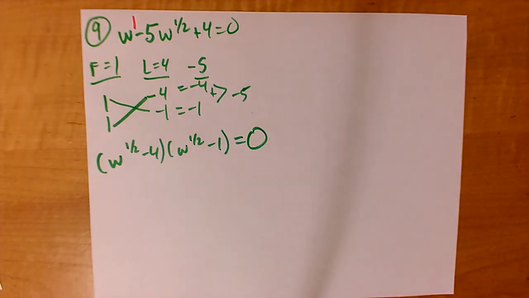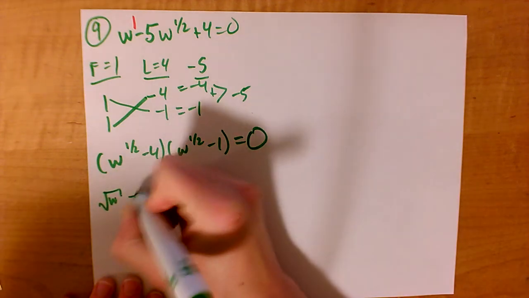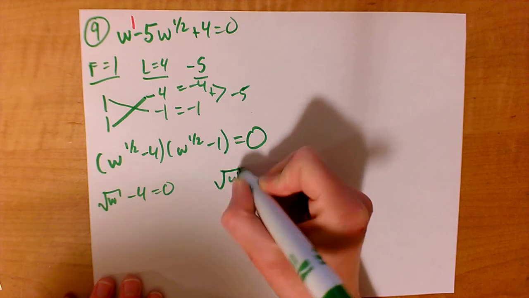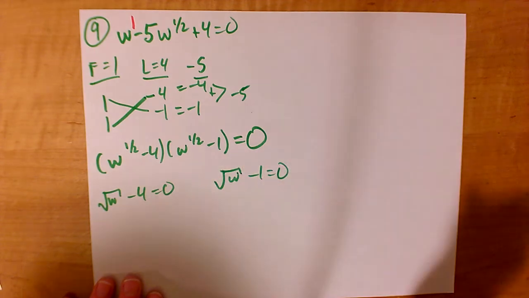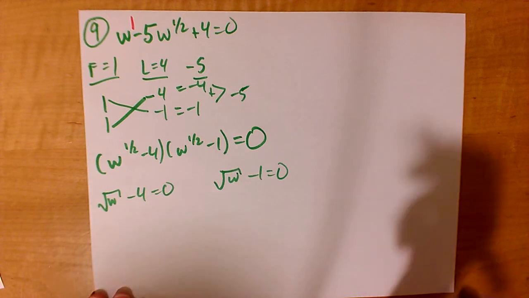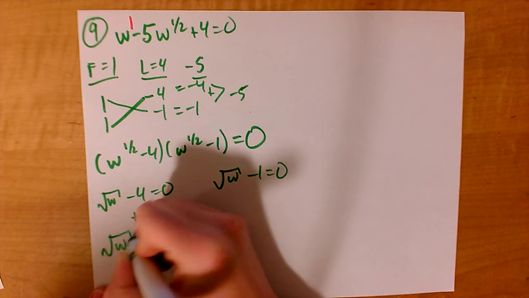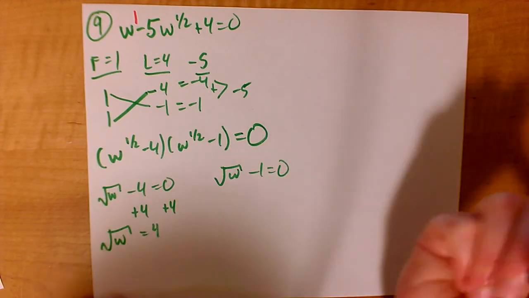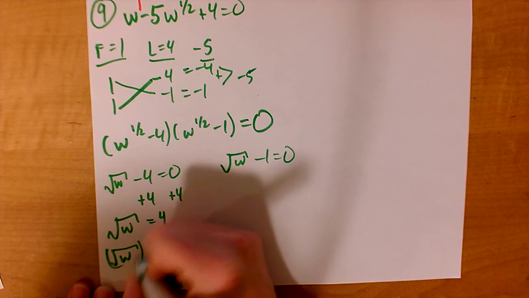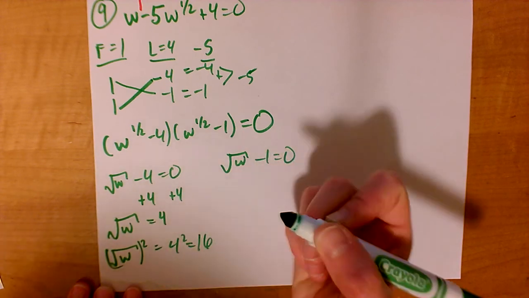And then remember, we separate each one of these and solve them. So w to the 1/2 is the same thing as the square root of w minus 4. And then on the other side, we'll have the square root of w minus 1 equals 0. Okay, so you can rewrite both of them as square roots. So on the left, we can add 4. So I have the square root of w is 4, and then square both sides. And we'll get 16.